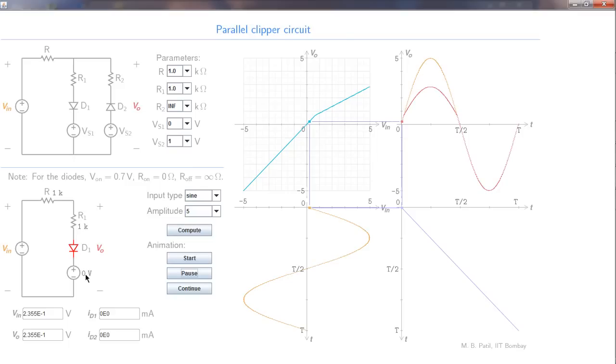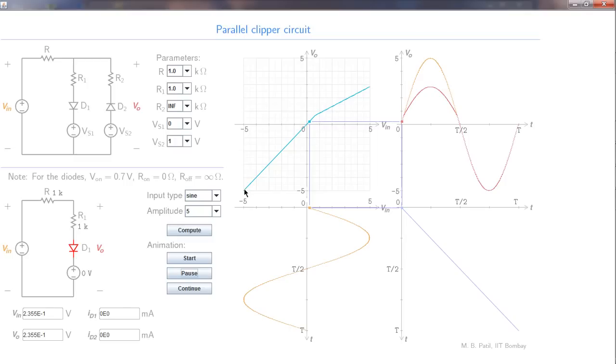What will happen if we change this 0 volts to 2 volts? In that case, for the diode to turn on, we require 2 volts plus 0.7, that is 2.7 volts as Vi. For Vi greater than 2.7, the diode would conduct, otherwise it would not conduct. So what we expect is that this breakpoint will shift to 2.7 volts, somewhere there. Will these slopes change? This slope, of course, does not depend on any resistance values.